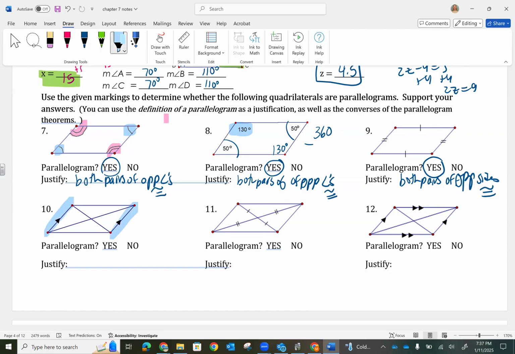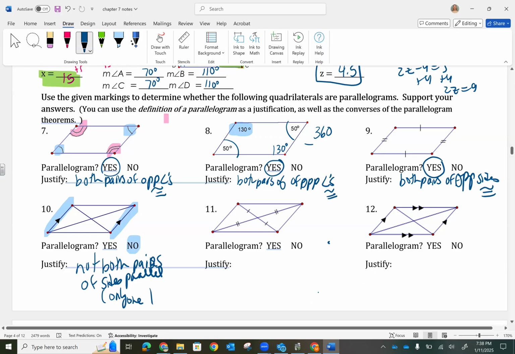Is that enough to show we have a parallelogram? No. Why? Not both pairs, okay, so only one pair of parallel sides.